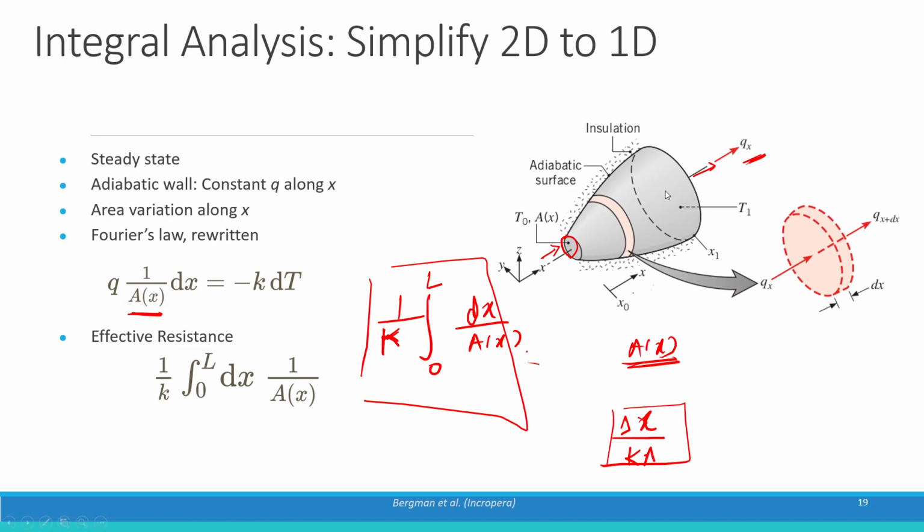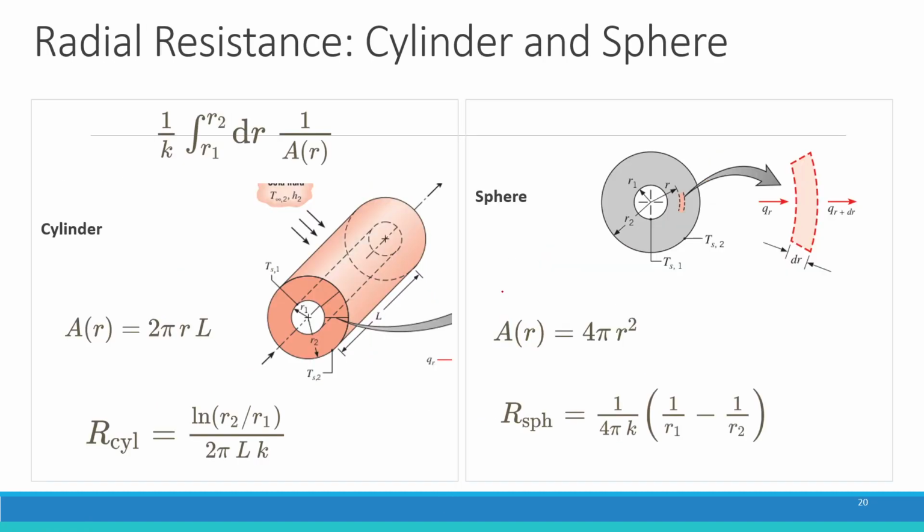Yes, you can encounter such systems in the case of a tapered cylinder also. Using the same concept, you can find the resistance of the cylinder as well as the sphere.